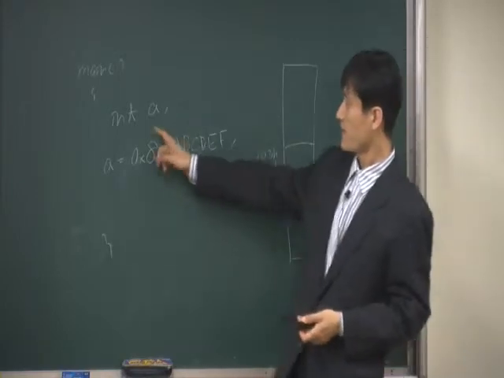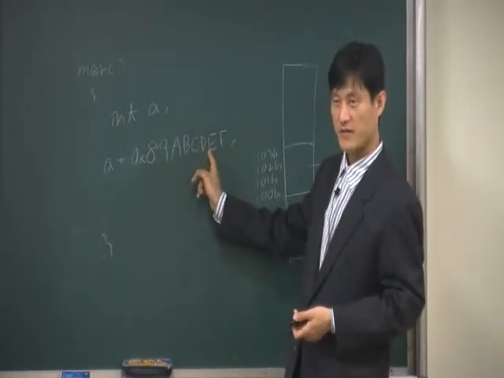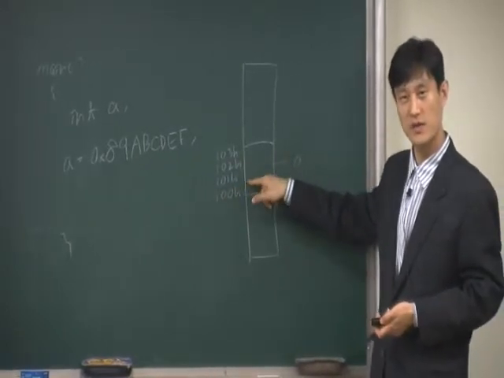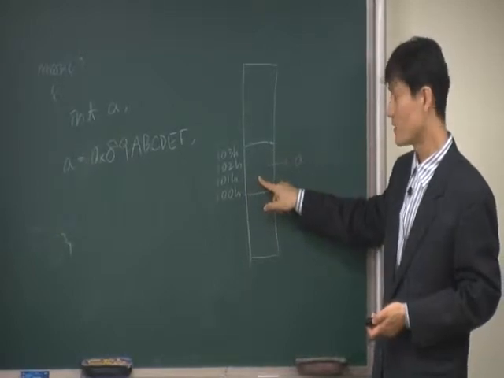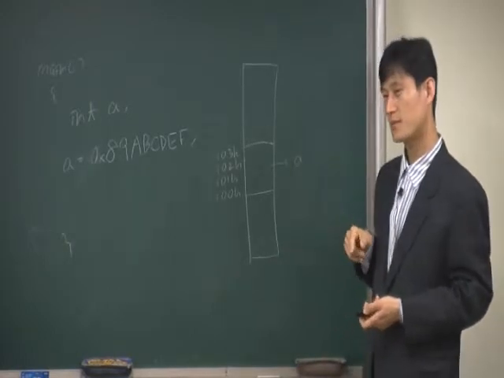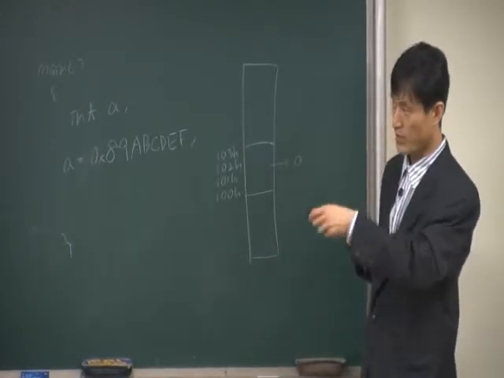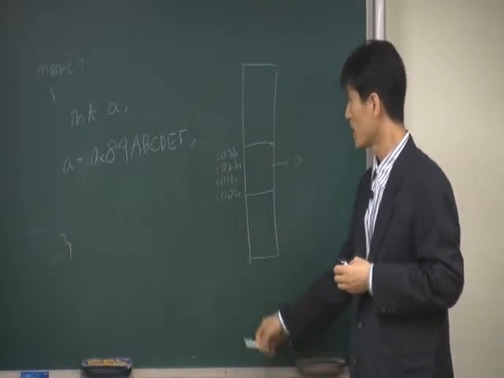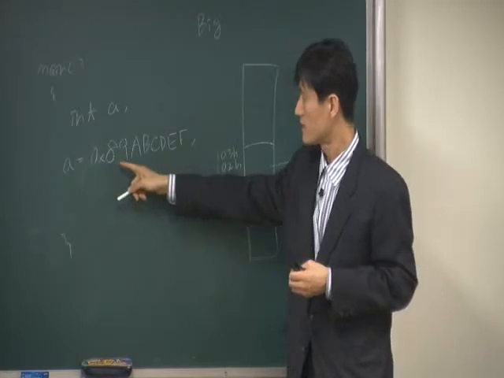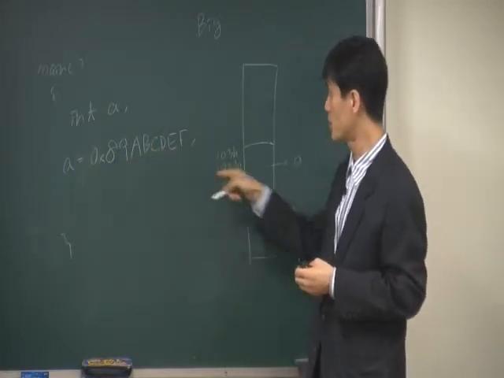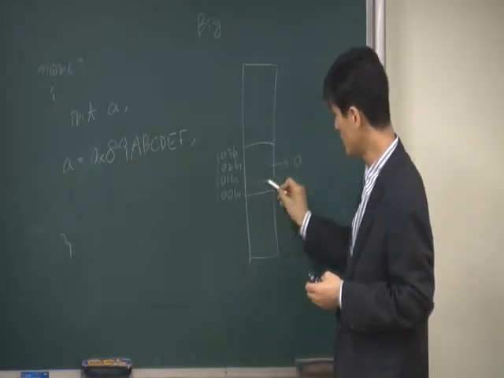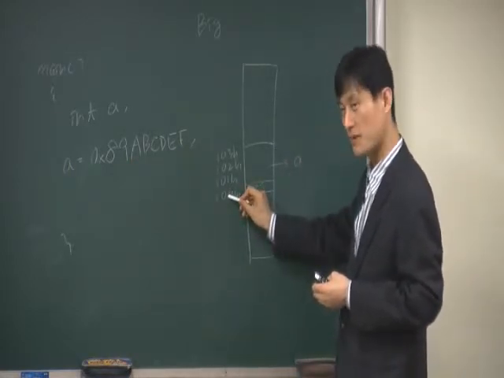Now I write it as 89ABCDEF. Then this value goes into here. How does that go in? That's the question, and that's where we talk about Endianness. If this is big Endian, then the value goes into memory as you read it. You read 89 AB, so 89 goes into here, which is the lowest address.